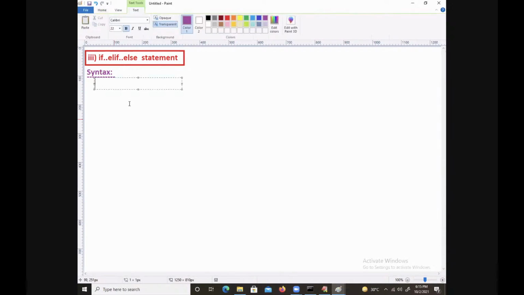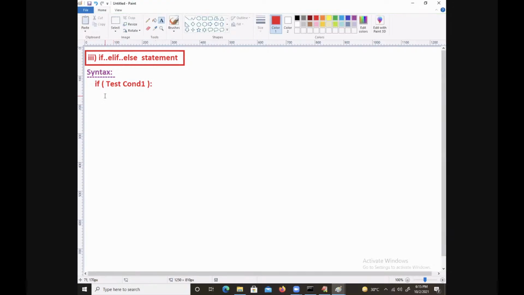I am going to start with if, then the test condition. I am going to write test condition 1. If test condition 1 is true, do you know what happens? It will execute a block of statements, parallel to if.